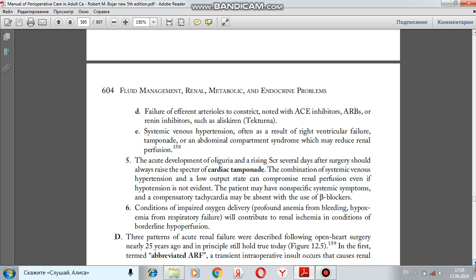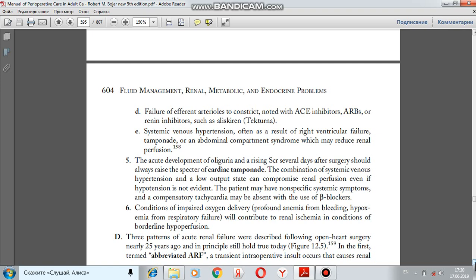5. The acute development of oliguria and a rising serum creatinine several days after surgery should always raise the specter of cardiac tamponade. The combination of systemic venous hypertension and a low output state can compromise renal perfusion even if hypotension is not evident.